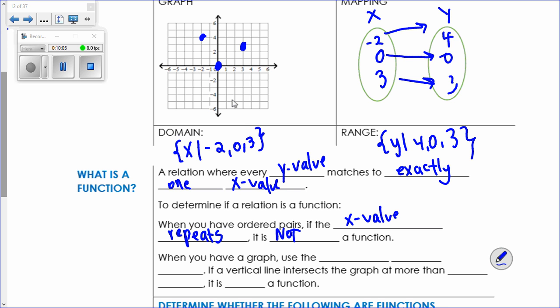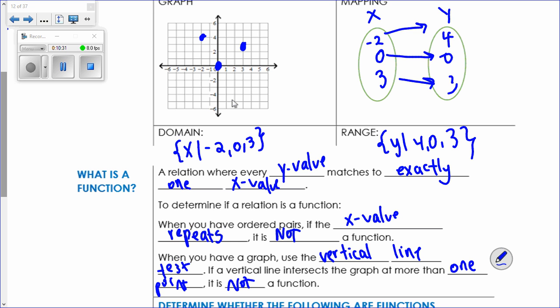When you have a graph, use the vertical line test. And if a vertical line intersects the graph at more than 1 point, it is not a function.